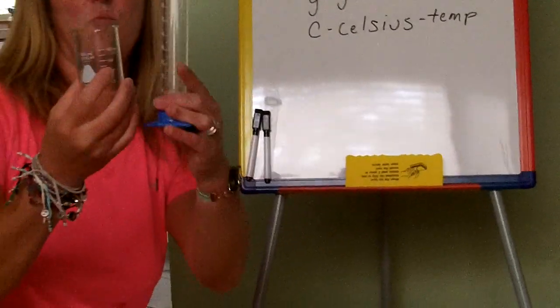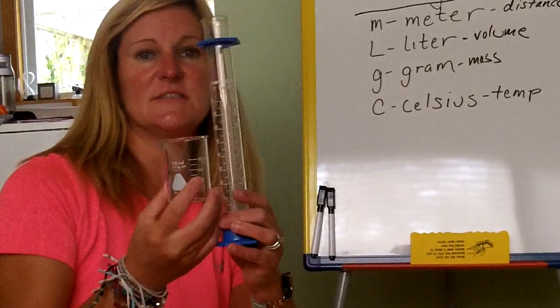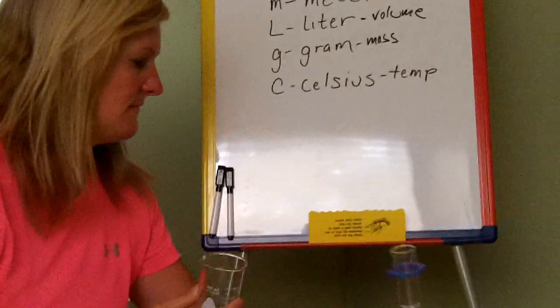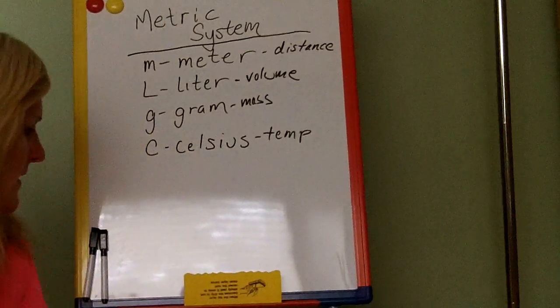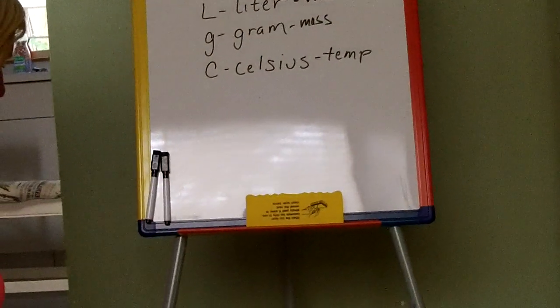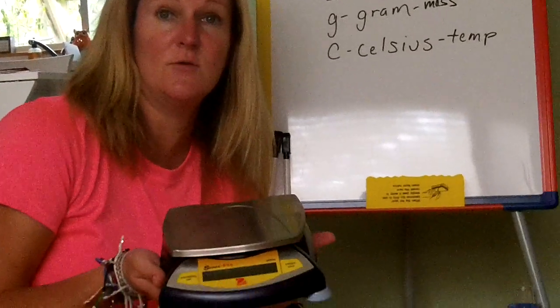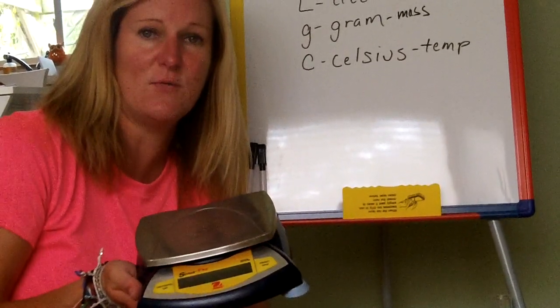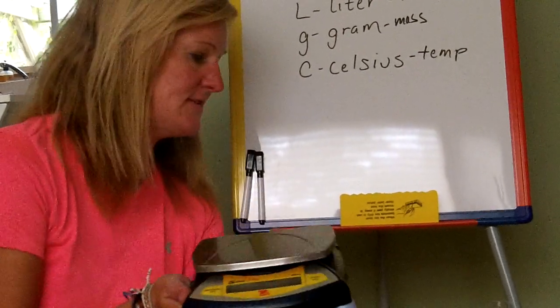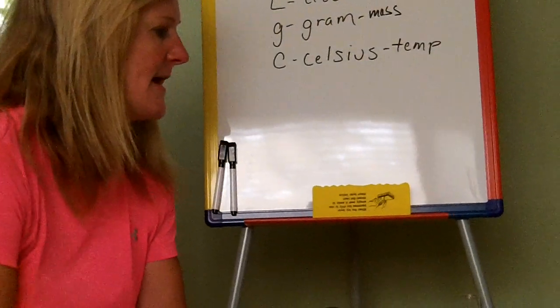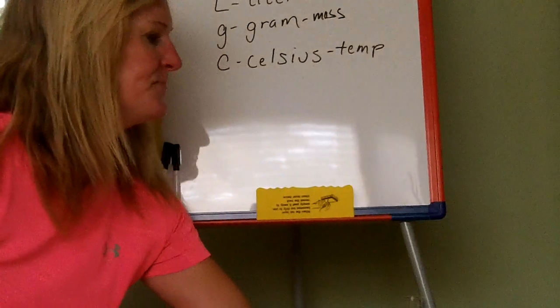These actually will measure in milliliters because it's a very small measurement of liquid. And then we have, of course, the gram, which helps us measure mass. This is the scale, and we also have a triple beam balance that we can utilize to measure the mass of something. And then, of course, temperature with a thermometer.